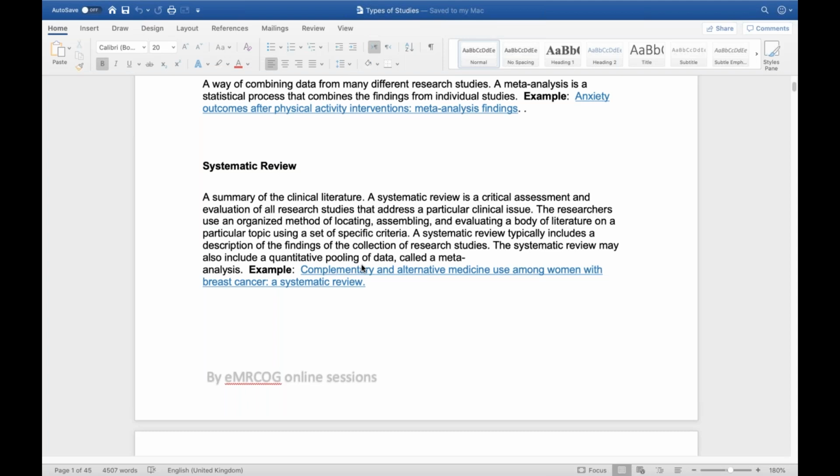So if you are going to do a systematic review, you will decide to have a clear question, what we call a PICO question, with a well-known pathology or population, P, and I, the intervention you want to ask about, and C, the comparison between this intervention and the control group or another intervention, and O, the outcome. Then you start to search the literature systematically with a well-designed question, and you find a lot of studies.